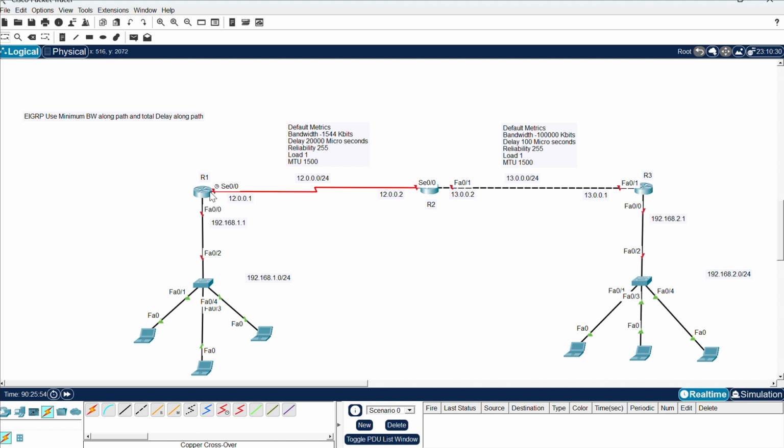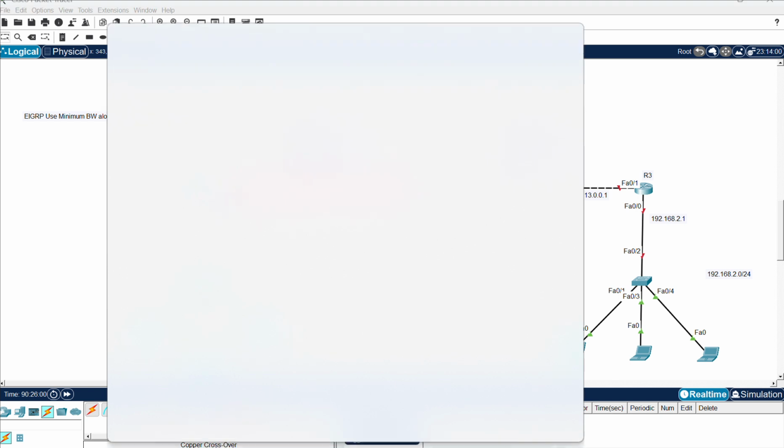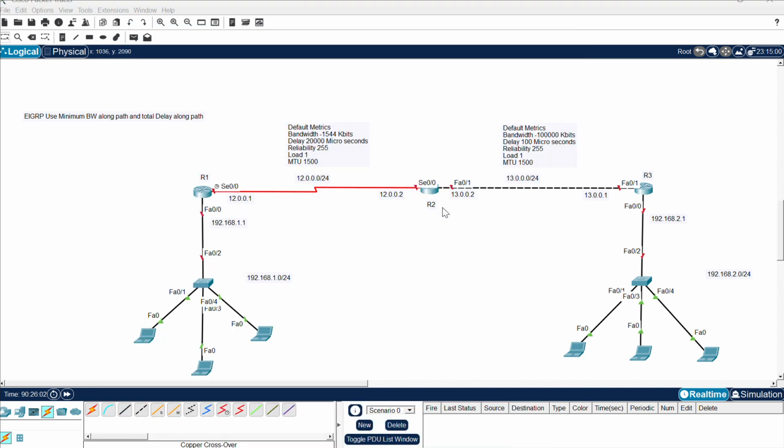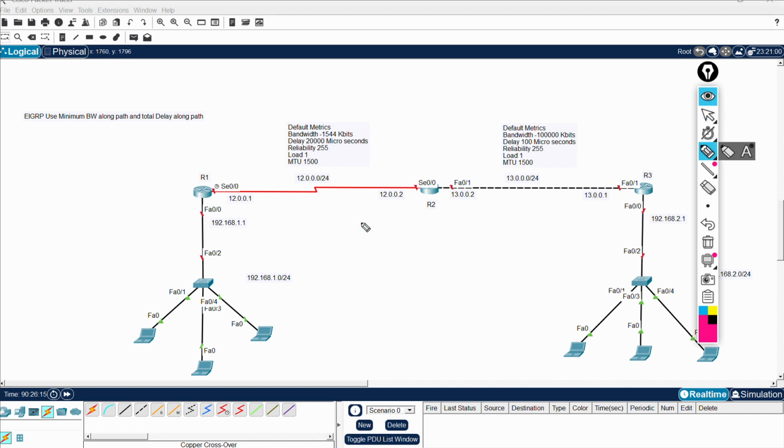From R1 to reach the 192.1.2.0 network, R1 considers the lowest bandwidth along the path. Between R1 and R2, the bandwidth is 1544. Between R2 and R3, the default bandwidth is 100 Mbps.